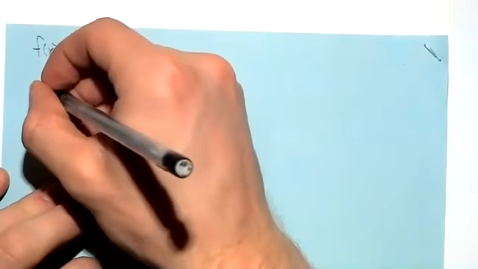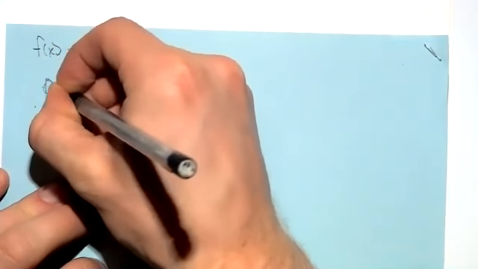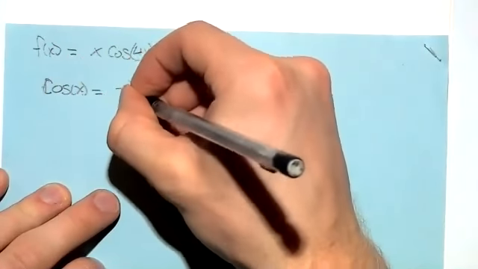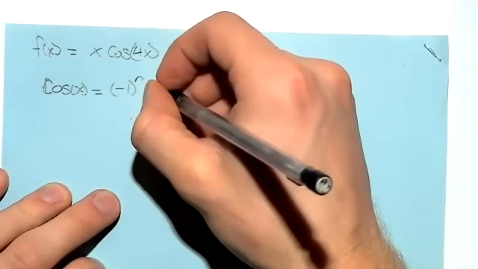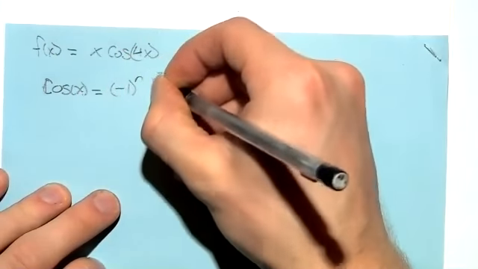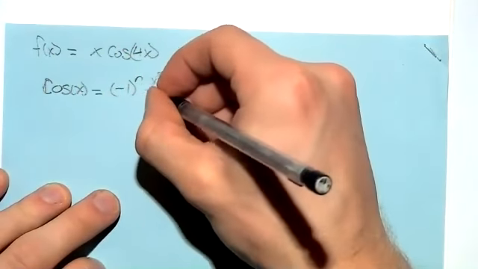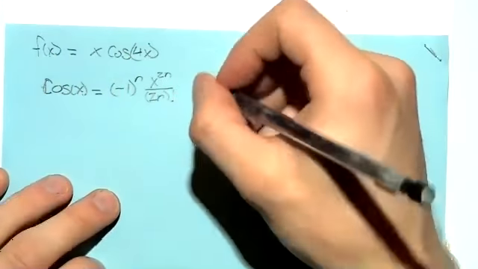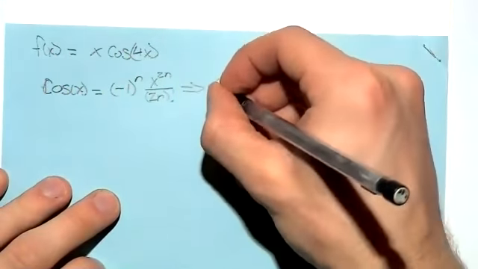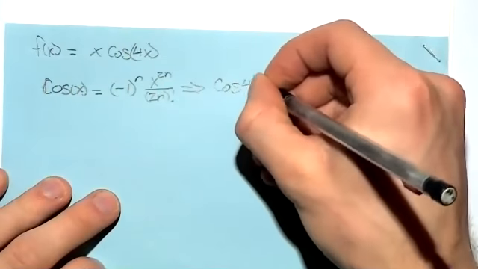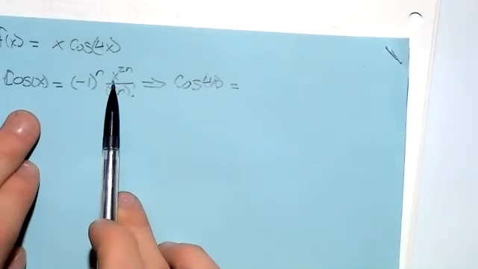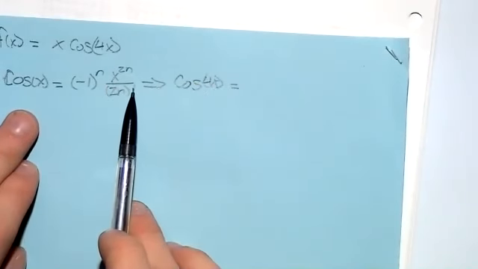So that given table is going to tell us that cosine of x equals the summation of -1 to the n times x to the 2n divided by 2n factorial. Okay. Then cosine of 4x will then equal, the only thing that's going to be changed again is this 4x is going to get plugged in for our x.